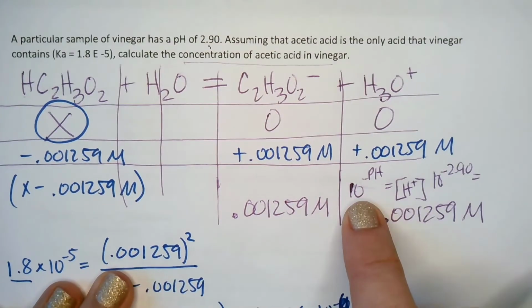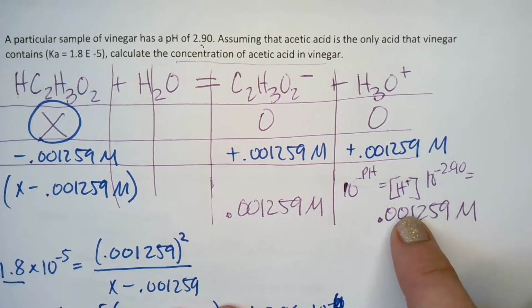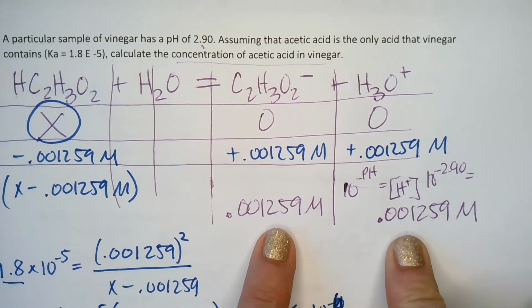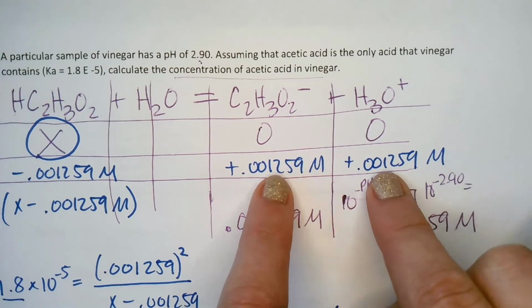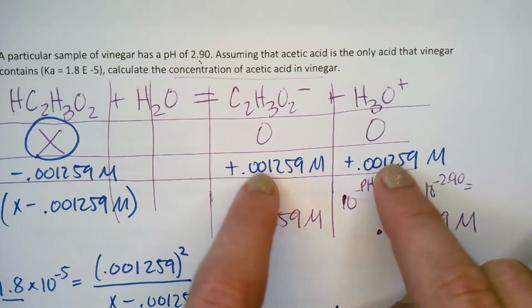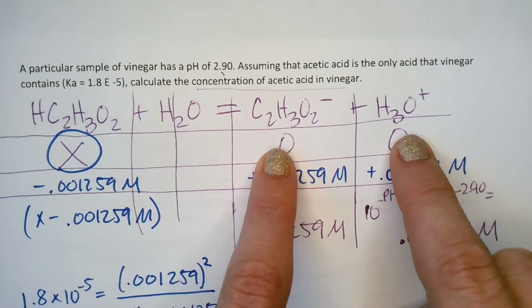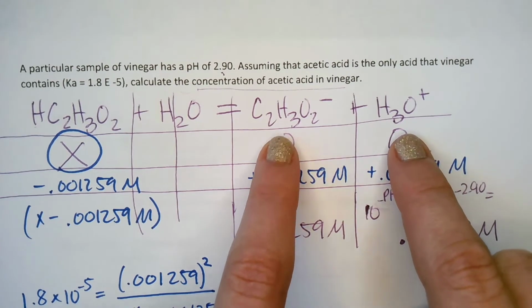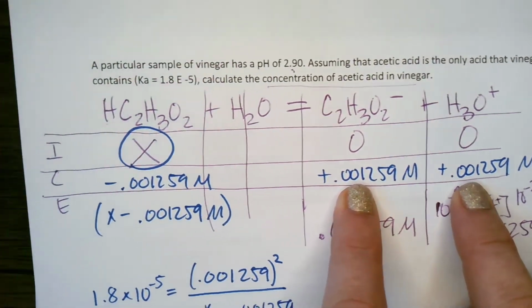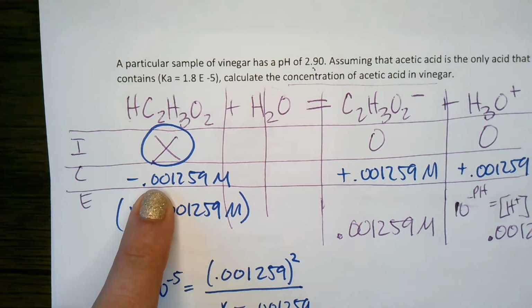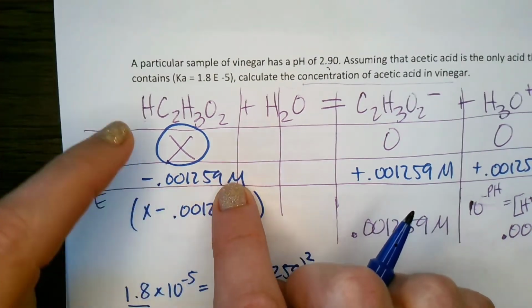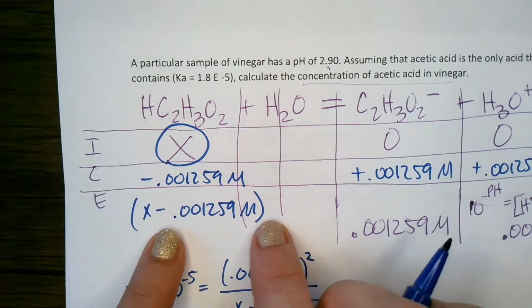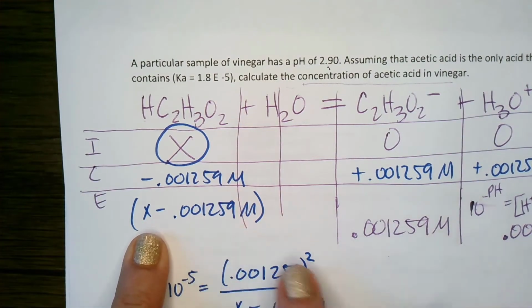So looking back at this problem, making sure everybody understands where we were at, we were given pH, and from pH we were able to take 10 to the negative pH to get our ion concentrations at equilibrium. Knowing this, we were able to find that change row, where we knew we started with 0 initial, and we found that change, which allowed us to figure out the change that was lost by our acetic acid.